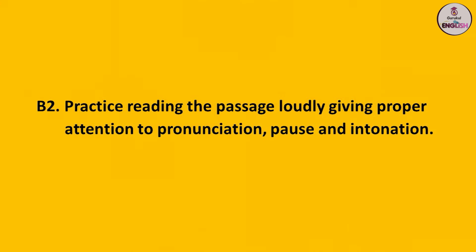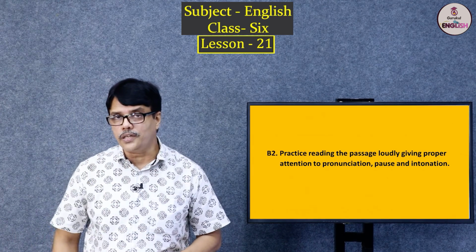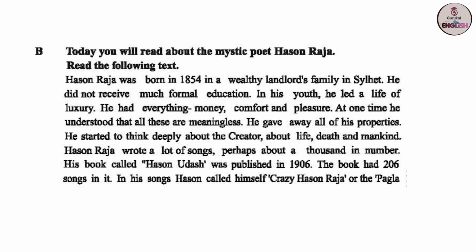You see, my students, the text, and listen carefully how I am reading. Hason Raja was born in 1854 in a wealthy landlord's family in Sylhet. He did not receive much formal education. In his youth, he led a life of luxury.